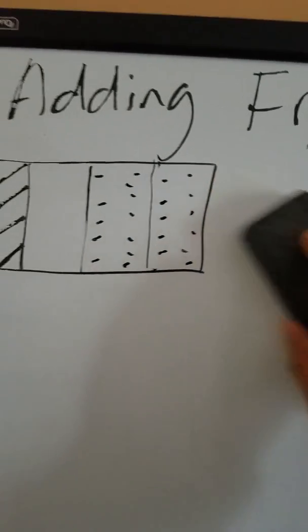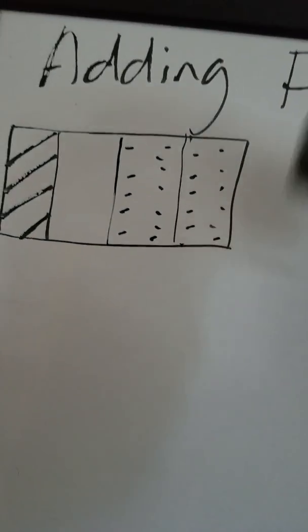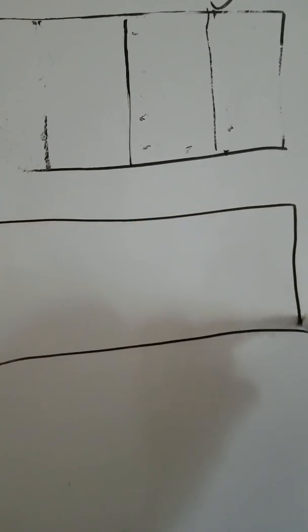Let's say we have the same candy bar. I'm going to keep it. We don't necessarily need the coloring inside of it, so I'll take it out. And let's say we had another candy bar that's of equal size, equal length, equal everything.